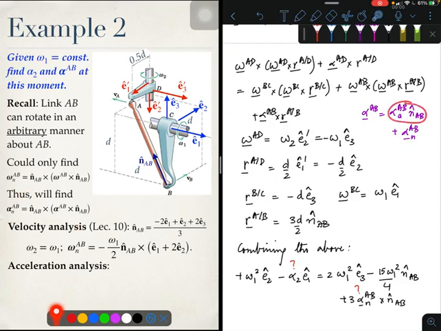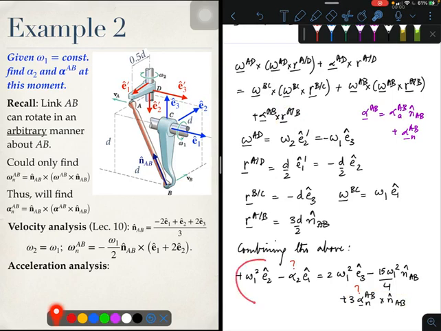Then the axial component cross RAB will be 0 because NAB cross RAB is 0. They are both in the same direction. So from here you will only pick up the contribution of the component of the angular acceleration normal to RAB, which is what I get over here.